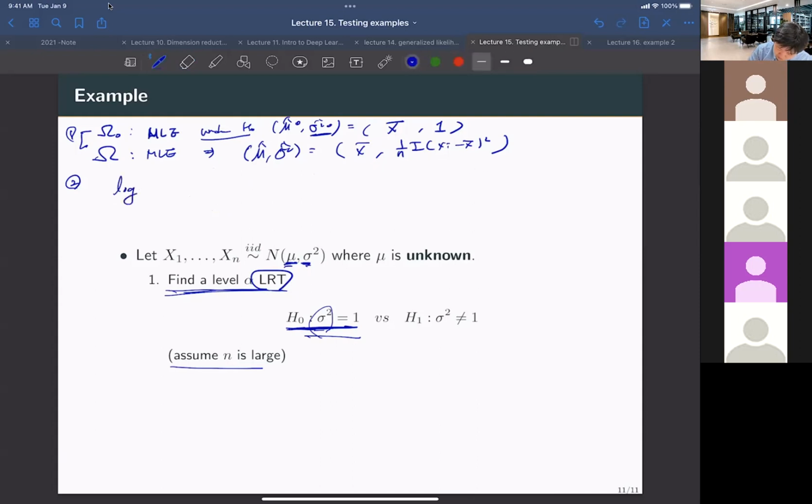Log likelihood ratio test statistic. So the number is L(theta hat 0) and L(theta hat MLE).